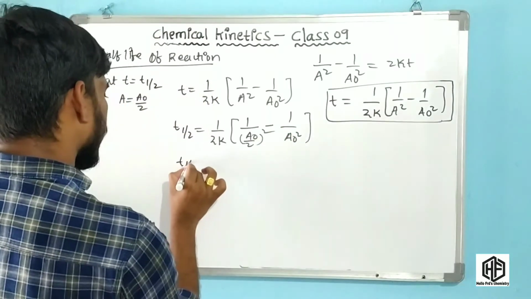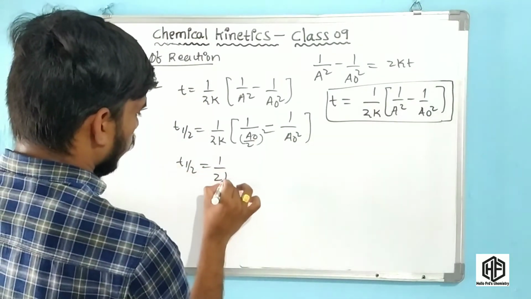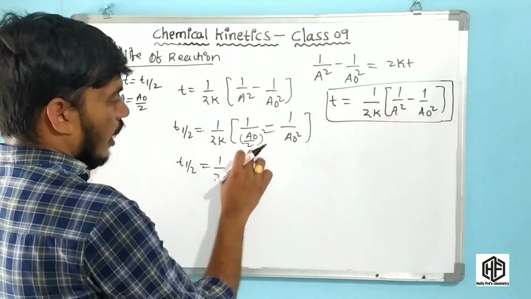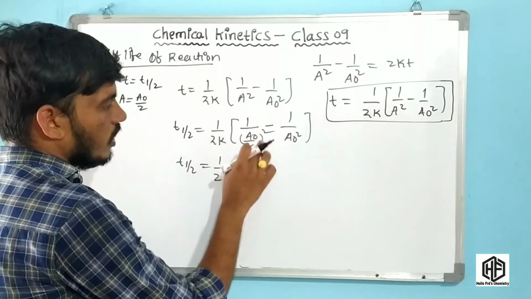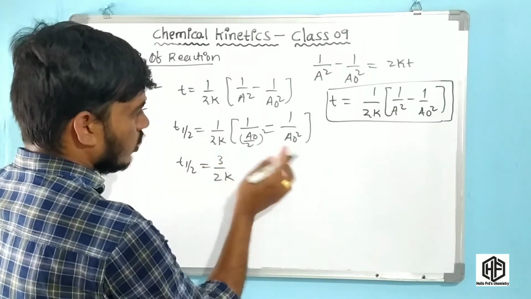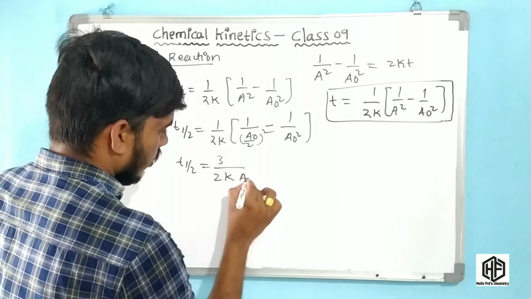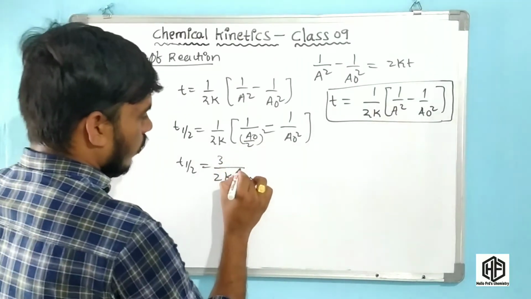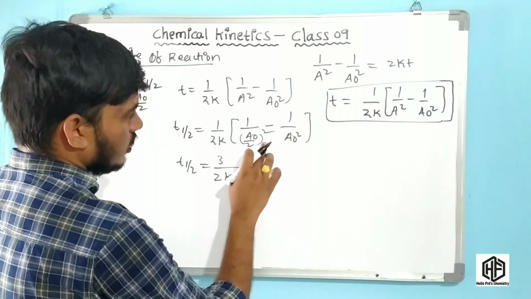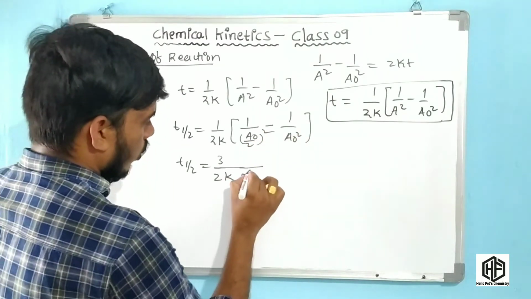Now t half is equal to 1 by 2k into 1 by (a naught by 2) whole square minus 1 by a naught square. Taking the common denominator, the numerator is 4 minus 1, which is 3, and a naught power 2 is common.